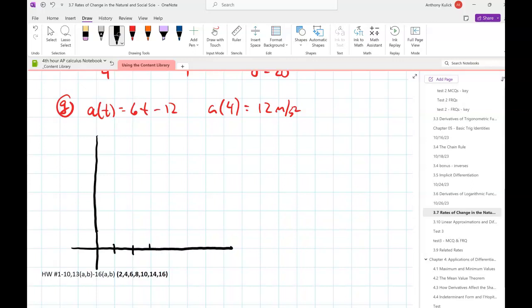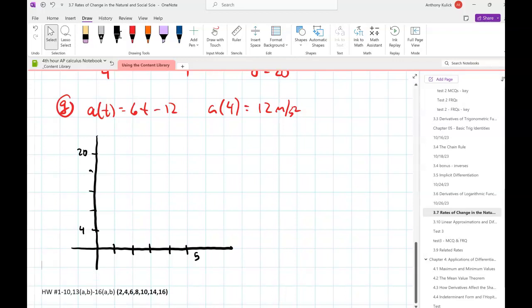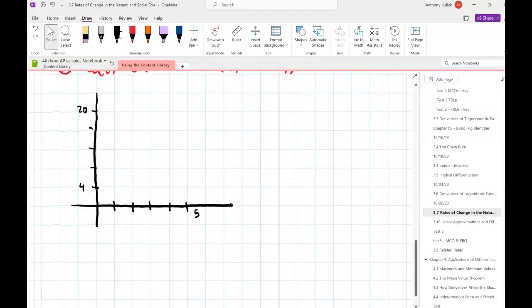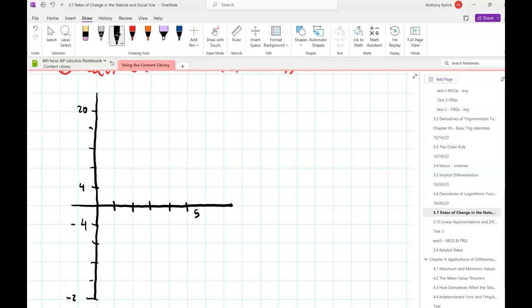So 1, 2, 3, 4, 5. And then this could get pretty high. Let's say 4, 8, 12, 16, 20. I should probably do the same thing going down. Negative 4, 8, 12, 16, 20.